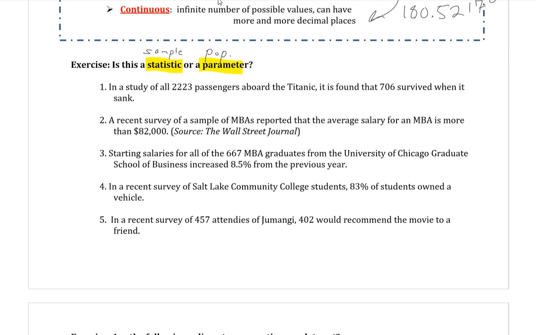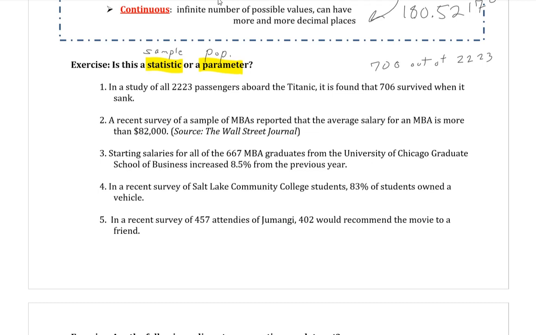First, in a study of all 2,223 passengers aboard the Titanic, it is found that 706 survived when it sank. So our value described here is 706 out of the 2,223 passengers. That is the characteristic that is given.